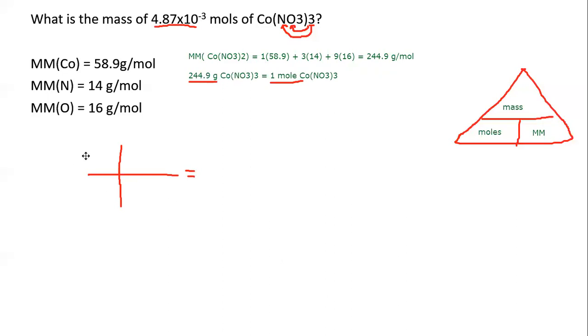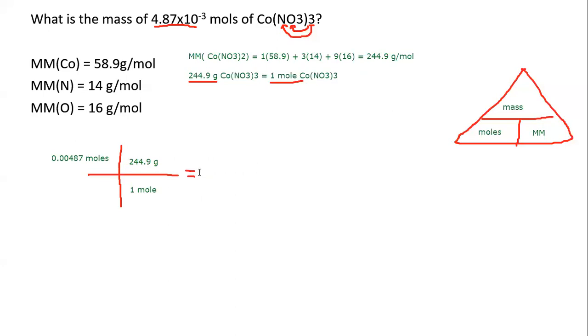We have the moles, 0.00487. And we know that 1 mole is 244.9 grams.